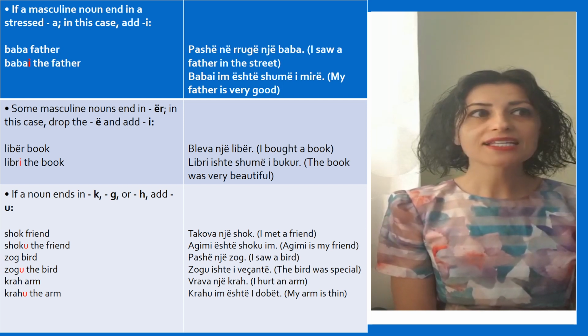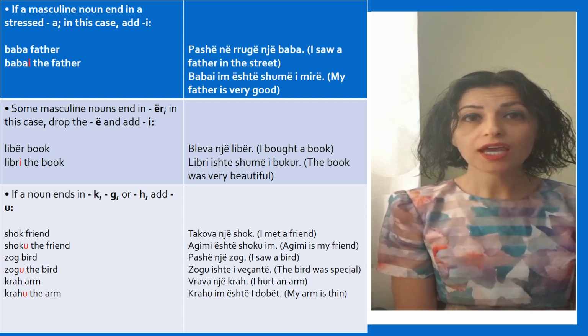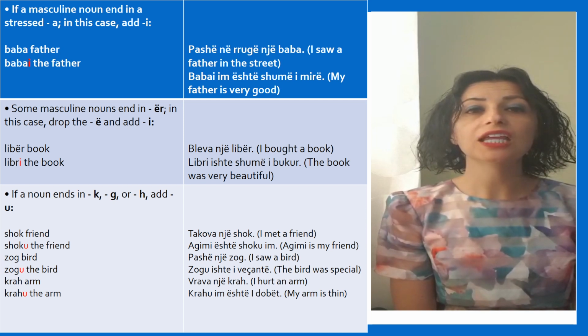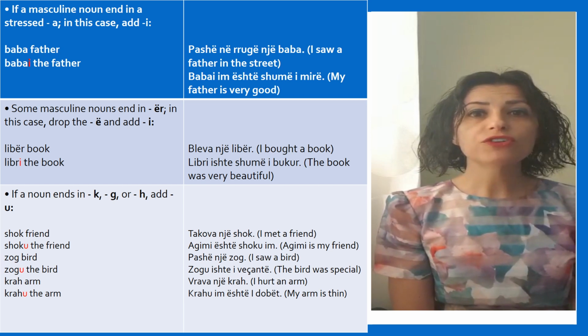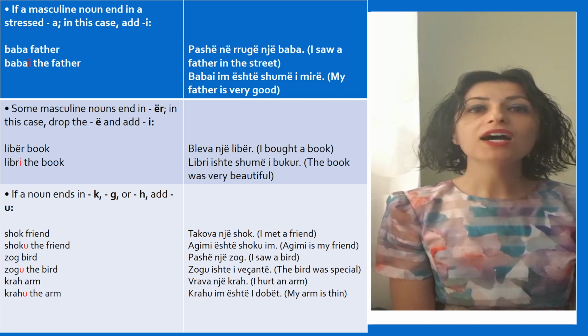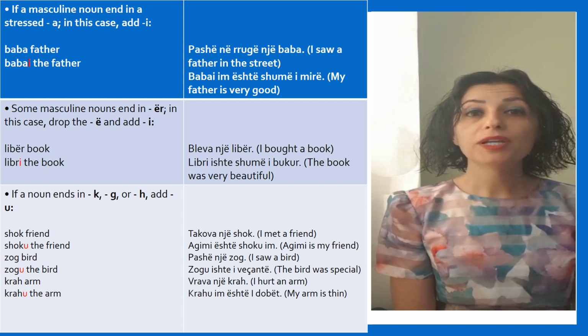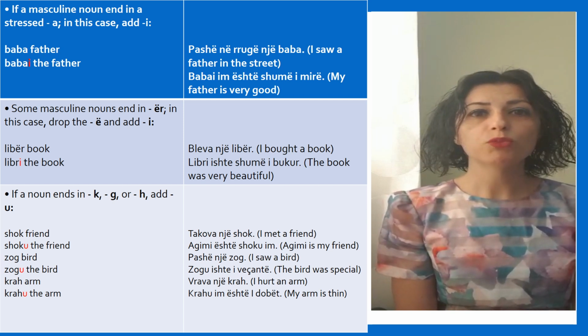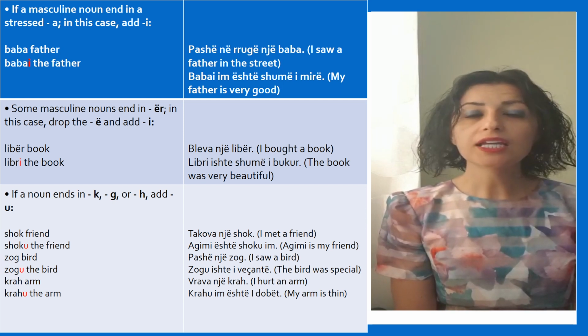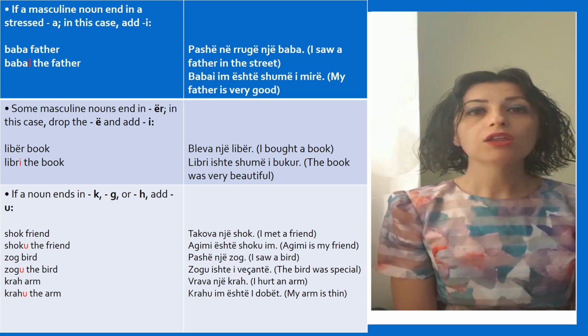So in this case, that "e" is dropped and then we have added "i". So libri. Let's see an example with the first case. Bleva një libër. I bought a book. Then with the second case, libri ishte shumë i bukur. The book was very beautiful.